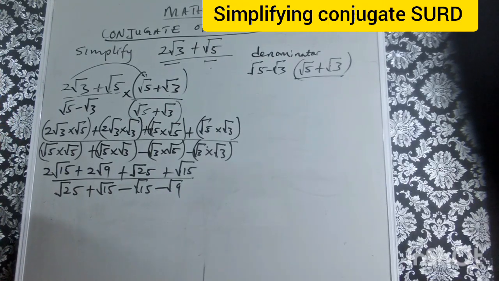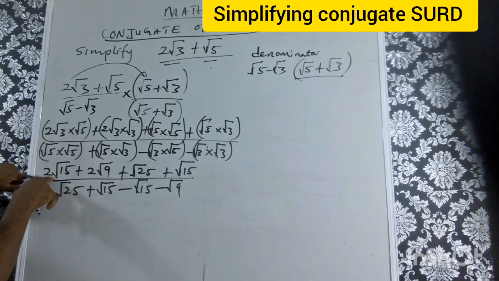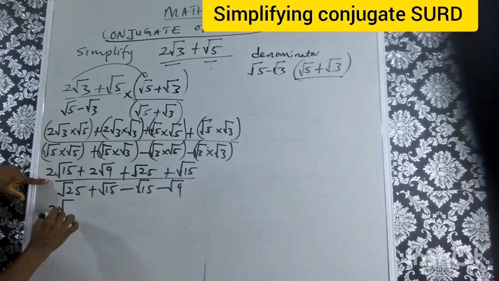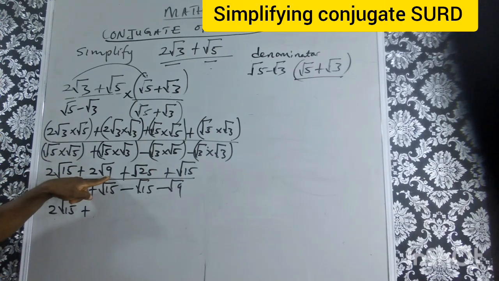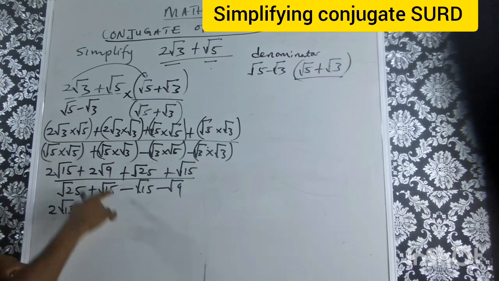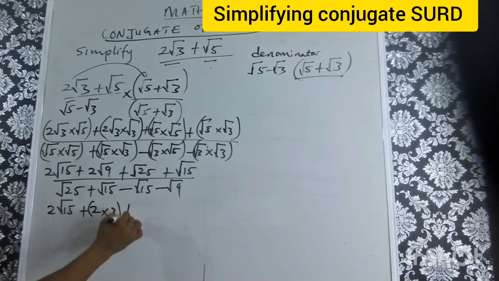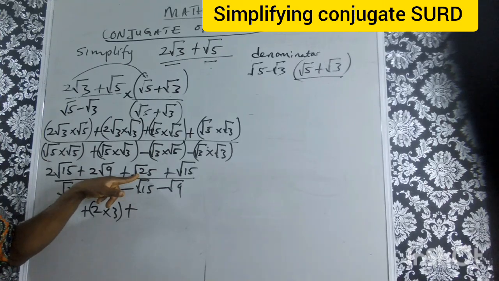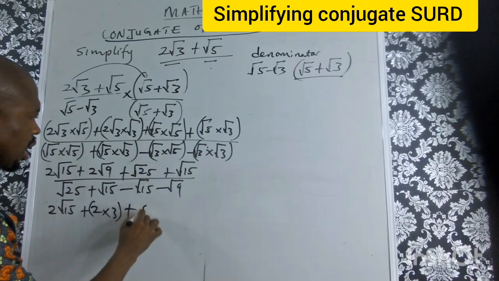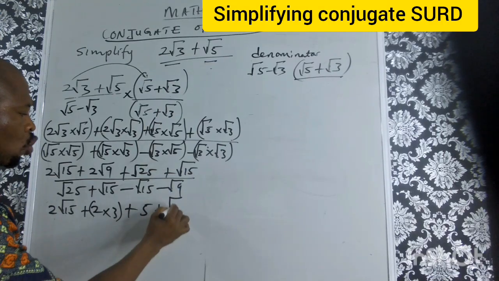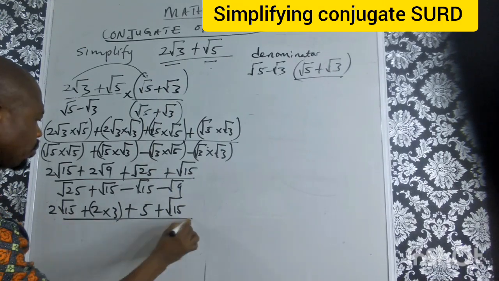We can go a step further by saying this and this, bring it down, 2 roots 15 plus, now at this point we can take this, since 9 is a perfect square, we can take it. We now have 2 times, square root of 9 is 3, we can put it in brackets, plus, this is a perfect square also, square root of 25 is 5, plus, this one is not a perfect square, we bring it like that.